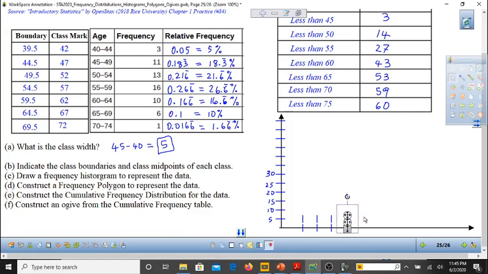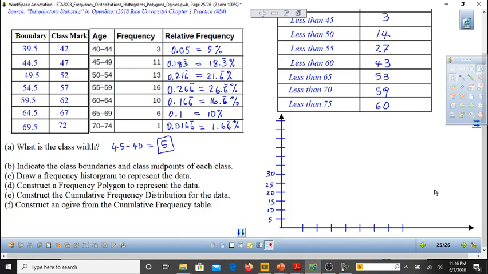All right, I'm almost there. All right, so there we have it.